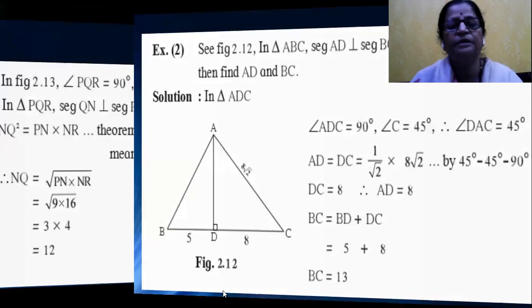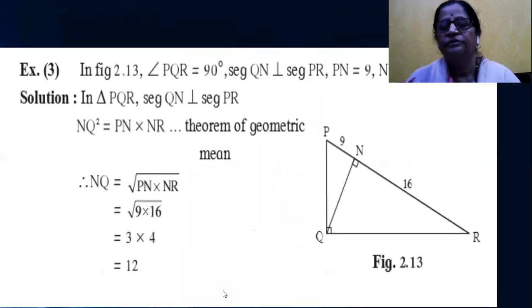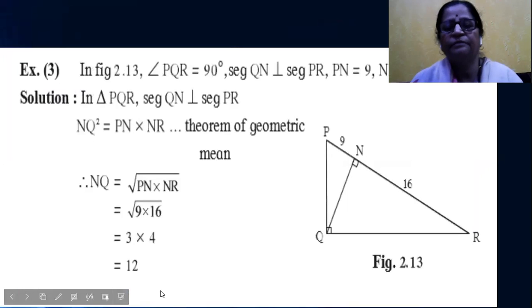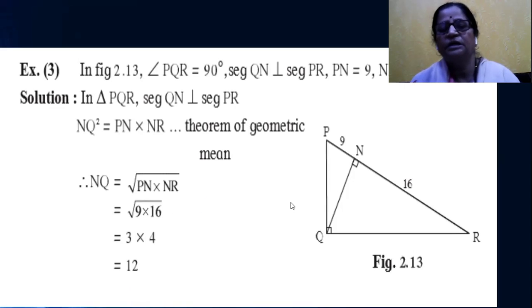In the next example, here we have to see the theorem of geometric mean. In a triangle PQR, angle PQR is equal to 90 degrees and segment QN is perpendicular to PR.